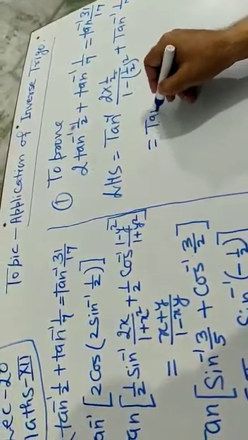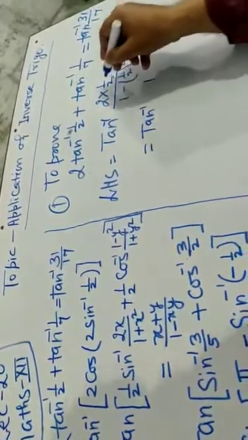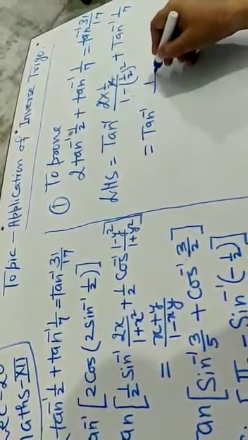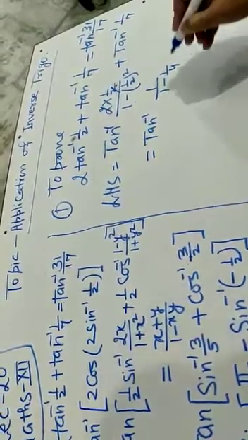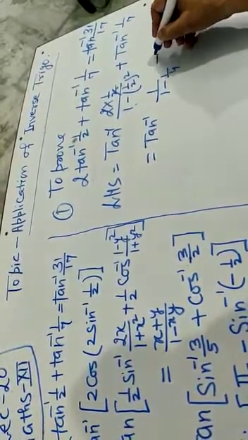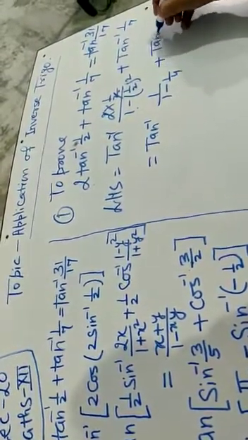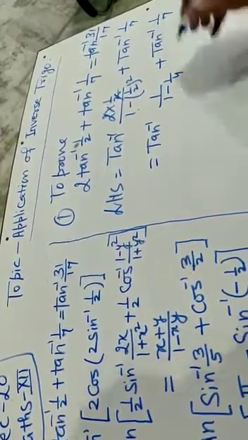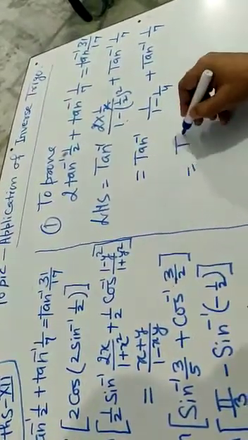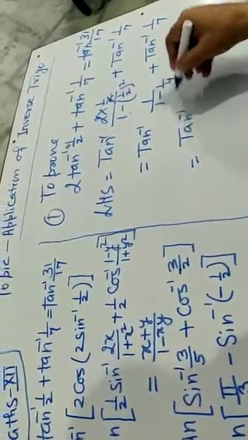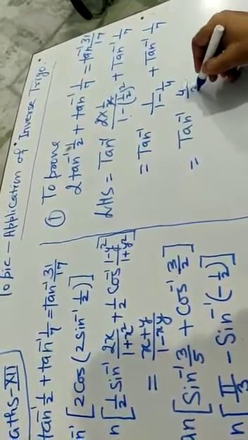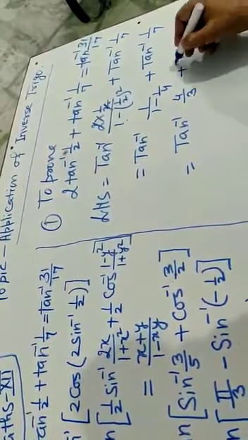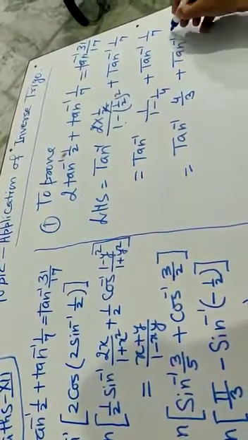So tan inverse 1, cancel the 2, by 1 minus 1 by 4, plus tan inverse 1 by 7. Now simplify it: tan inverse 4 by 3 plus tan inverse 1 by 7.